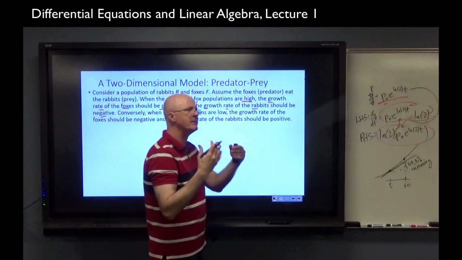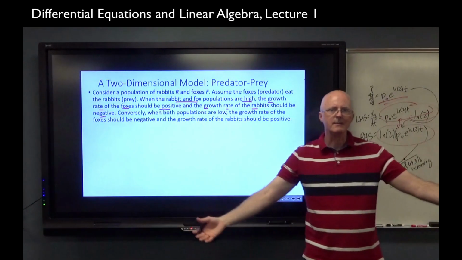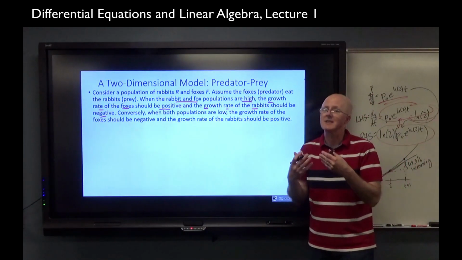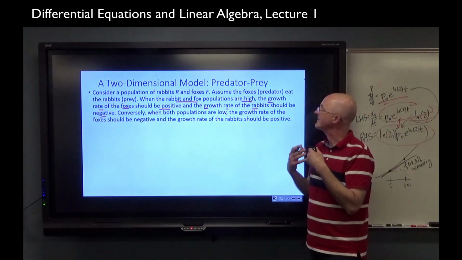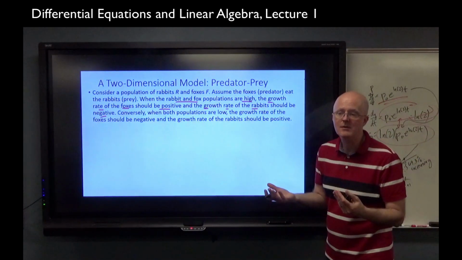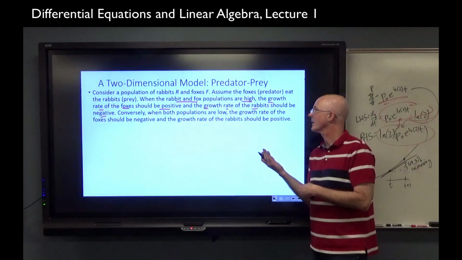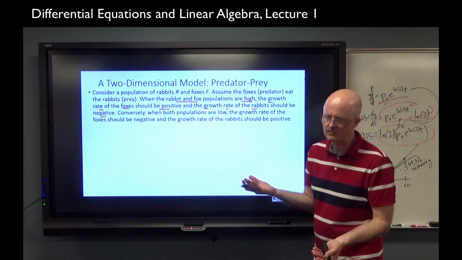Because if both populations are relatively high, at least if they're in a limited area, there could be a lot of interactions between rabbits and foxes, a lot of eating opportunities. And that's going to help the foxes to grow, positive growth rate, and make the rabbits die, a negative growth rate. You could call it a positive decay rate, which would be the same as a negative growth rate.